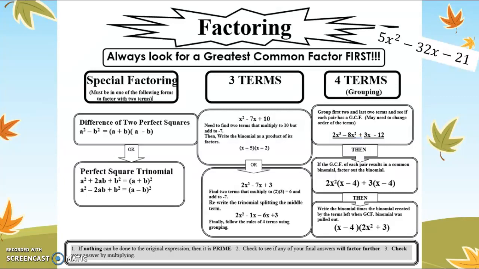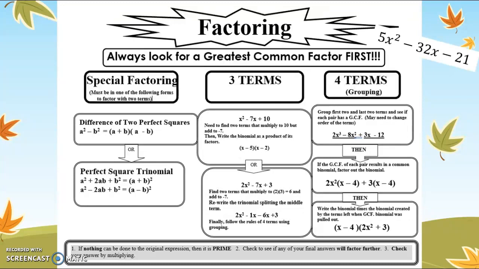Well, they're not all divisible by 5 or 2 or 7 or 3 or any of the other factors of 5, 32, and 21. And I notice that they all do not have an x, so we don't have a GCF here. I see I have 3 terms. It's not a perfect square trinomial since I cannot rewrite my first or my last term as a perfect square.